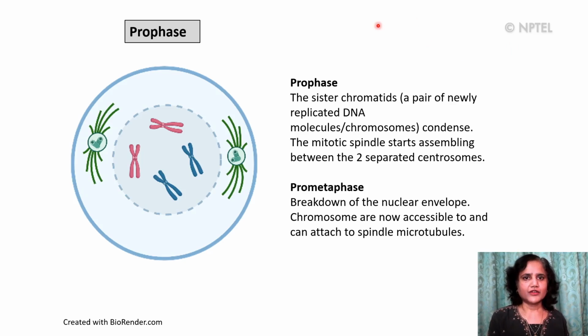And the mitotic spindle starts assembling between the two separated centrosomes. In pro-metaphase, which is a later phase, in between prophase and metaphase, there is a breakdown of the nuclear envelope, and the chromosomes are now accessible to, and they can start attaching to the spindle microtubules.